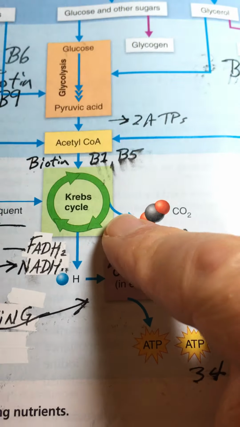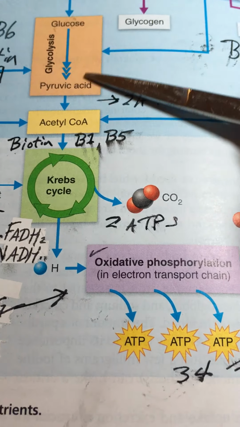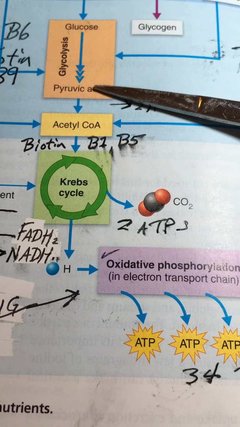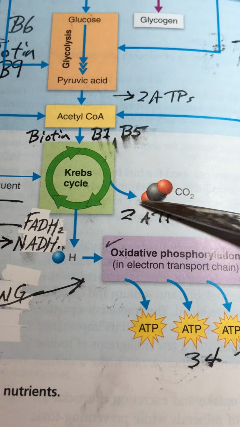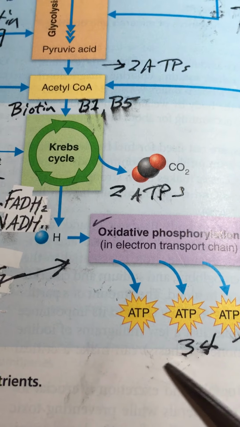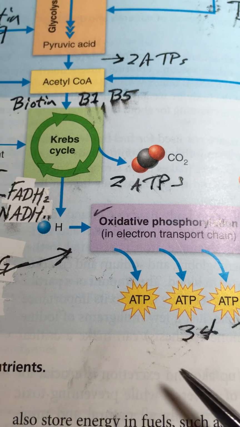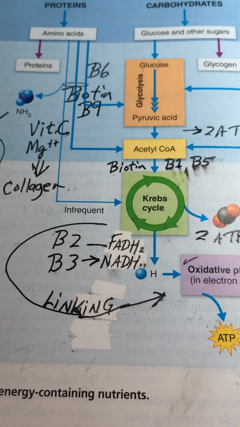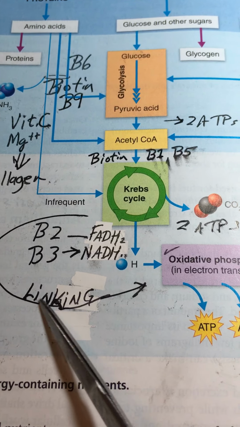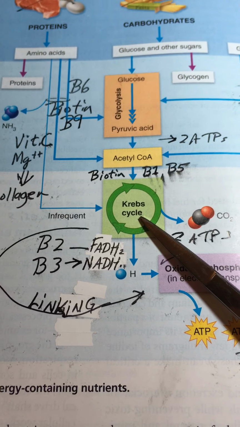These first ones are called substrate-level phosphorylation, because we're actually creating new molecules here, and we're getting energy directly from those molecules to make 2 ATPs. Then over here we're doing something called oxidative phosphorylation, which we'll take a look at in just a moment, and it requires coupling. This is the linking of the Krebs cycle to the oxidative phosphorylation.